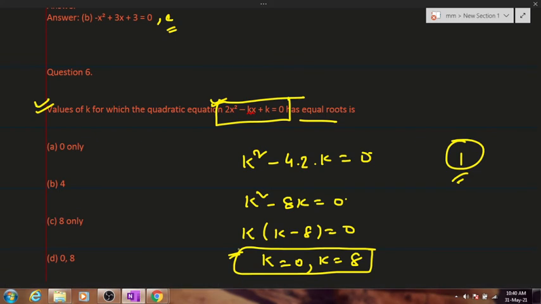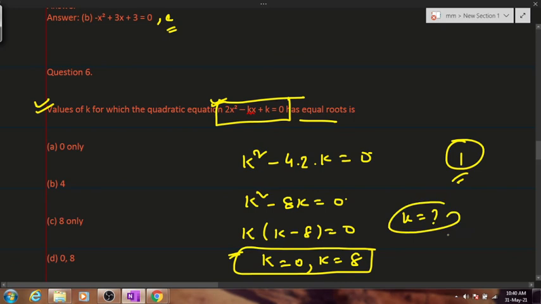Tell me. But sir, if we take k square equal to 8k, then sir, it's coming only 8. See, you'll have to calculate all possible values for k. Now you tell me, amongst this what will we choose? Should we choose both or only it?